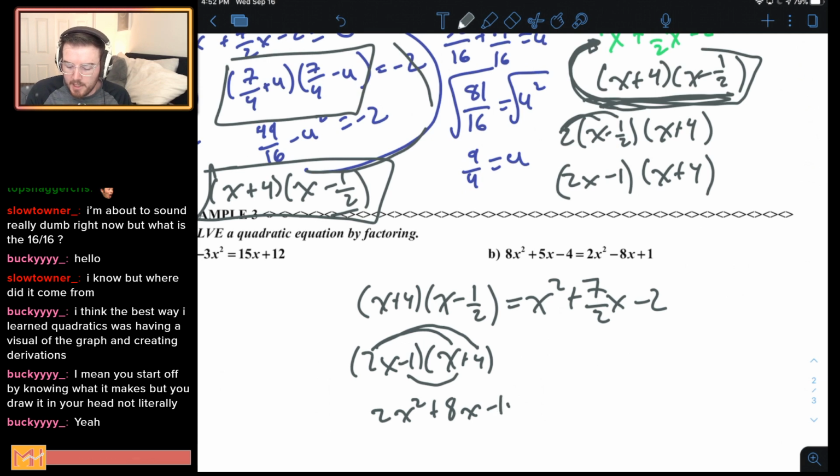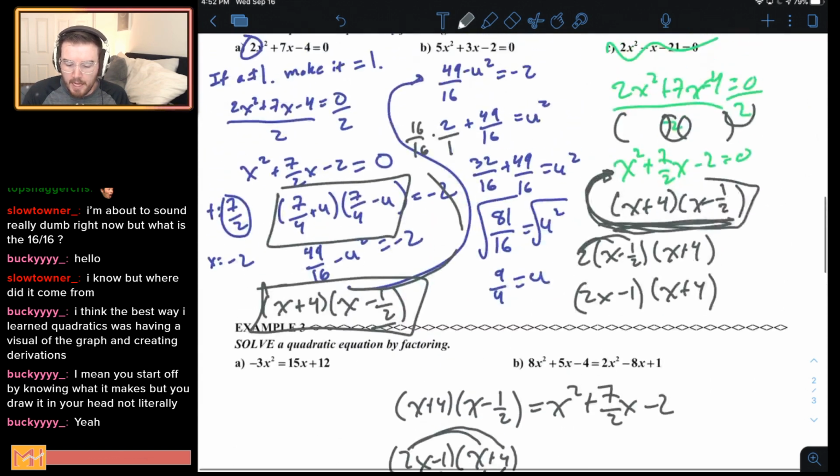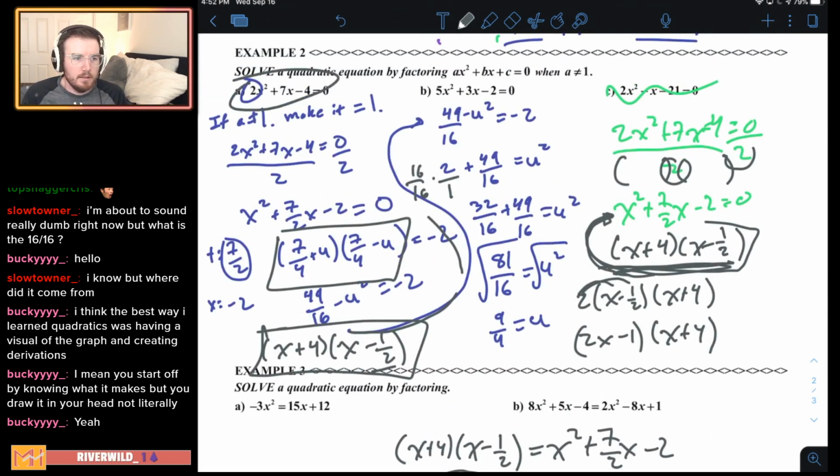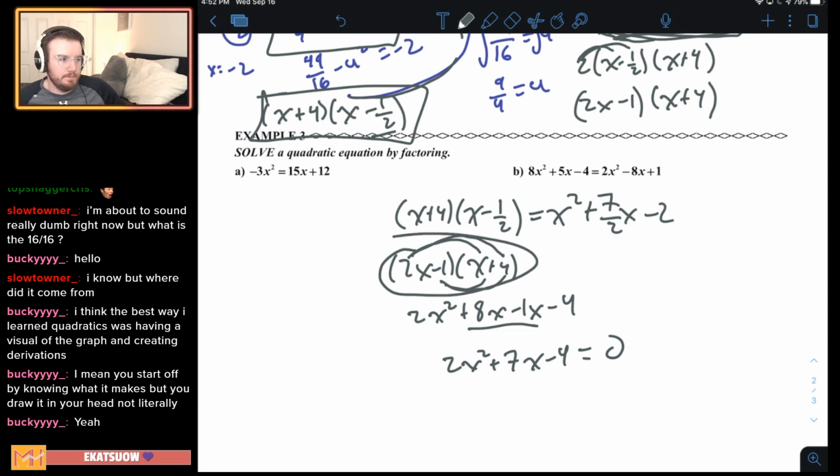Negative 1 times x is negative 1x. Negative 1 times 4 is negative 4. And when I combine these two things together, I get 7x minus 4. Holy Toledo, Batman. That's what I started with. So this is the correct factored form.